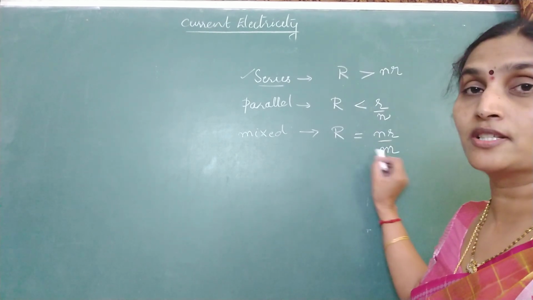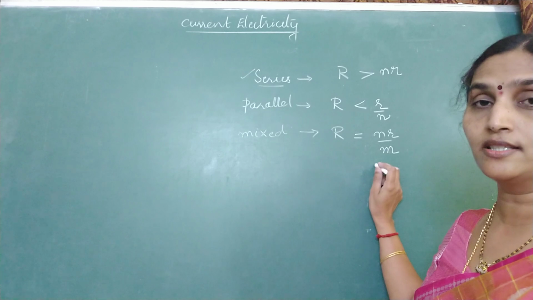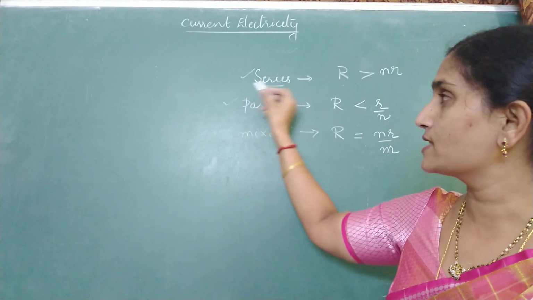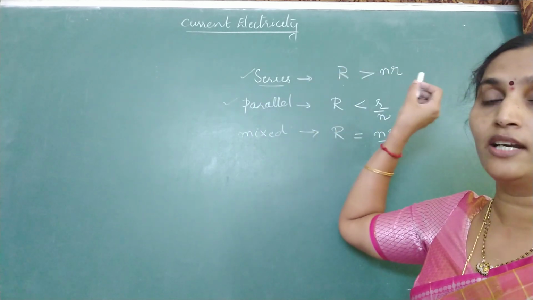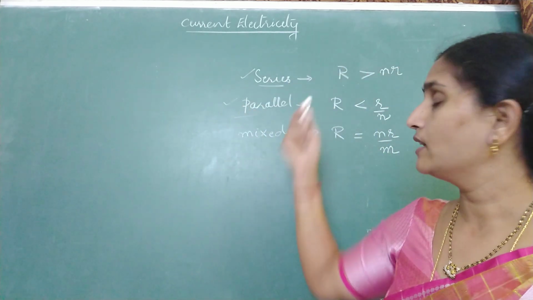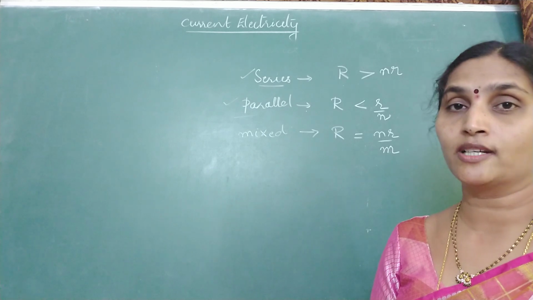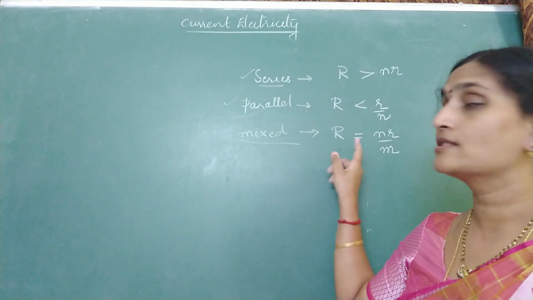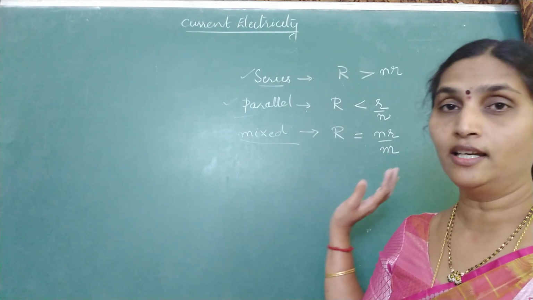When external resistance becomes equal to total internal resistance, current would become maximum. Again I repeat, we prefer series combination when external is greater than total internal. We prefer parallel combination when external is less than total internal, and we prefer mixed grouping when external resistance is equal to the total internal resistance.